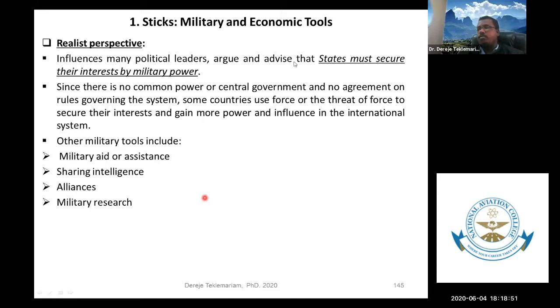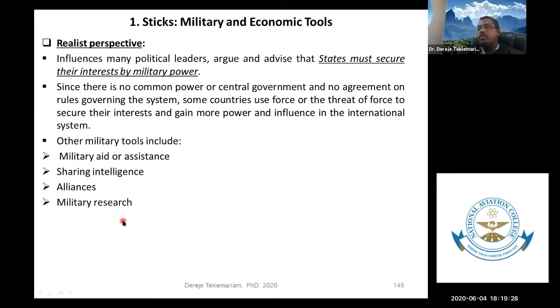They do not only force others to do this or not do that, they do it indirectly by helping others. For example, if the USA wants to fulfill its interest in Southern Sudan or Somalia, the US military may not directly engage. They support others with military aid, intelligence sharing in the Horn of Africa, creating alliances, even military research.